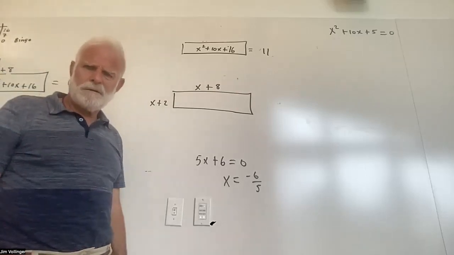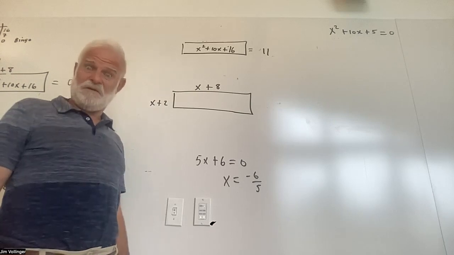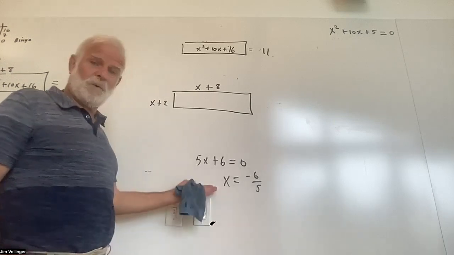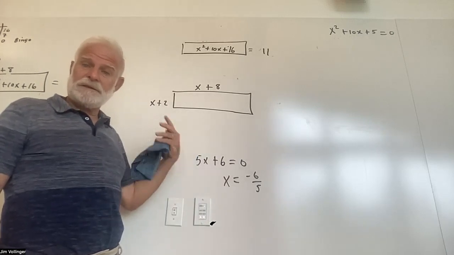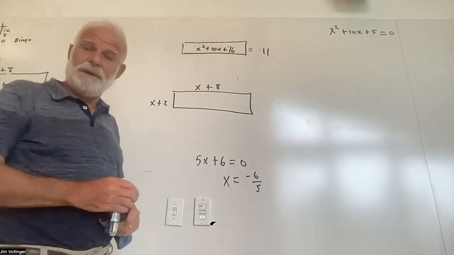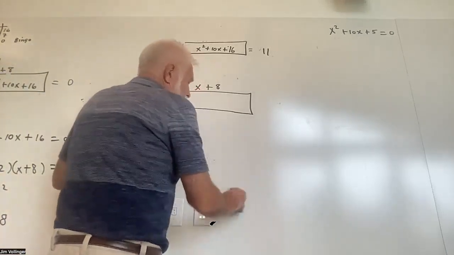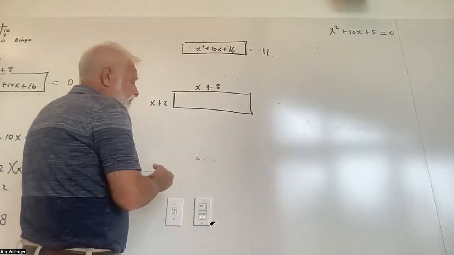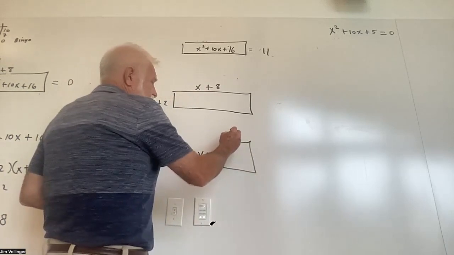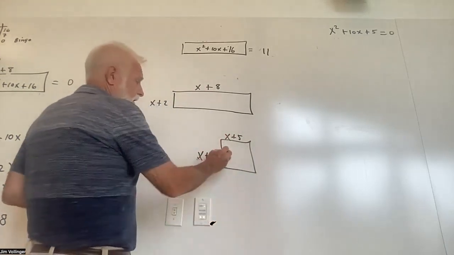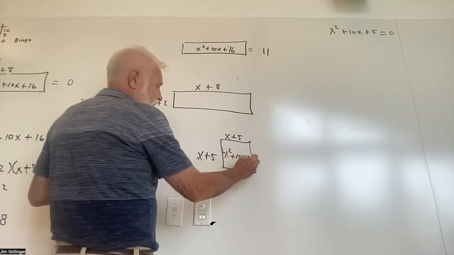Probably a brilliant thing came into the mind. Like, can I make it a square? Because if I can make it a square, I can use a square root and I can isolate the x. Wouldn't that be nice? Because if you look at, for instance, x plus 5 times x plus 5, you get x squared plus 10x plus 25.